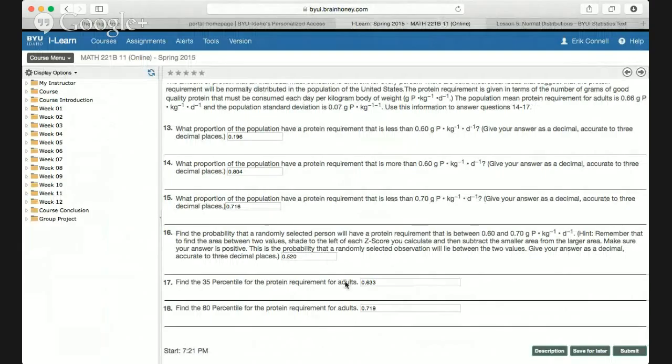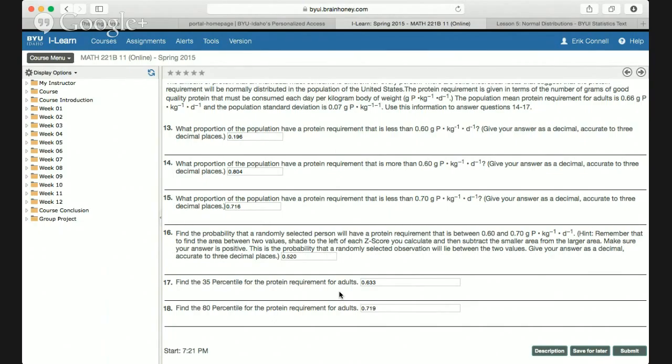So then we plug that back into the equation, rearrange for X, solve for X. And I got 0.633. Okay. Take the negative off. And then 0.719.